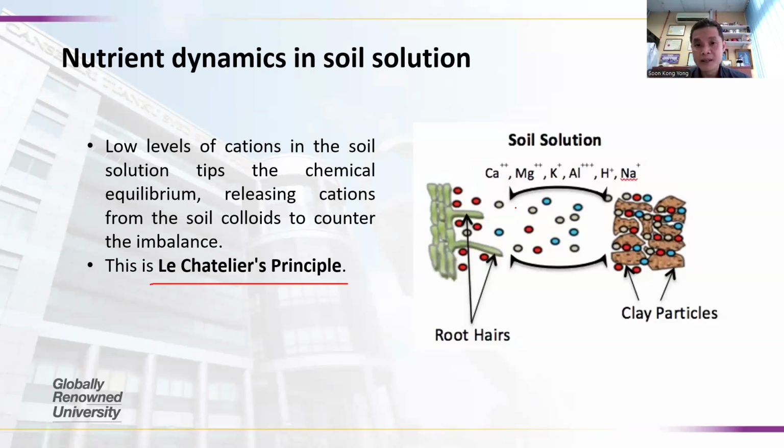But in this case, you have a plant here, and when this plant keeps on absorbing calcium, magnesium, potassium, and whatnot, you are going to notice that there will be a low concentration, whereas the clay particles that are the storage of the nutrients have a high concentration.